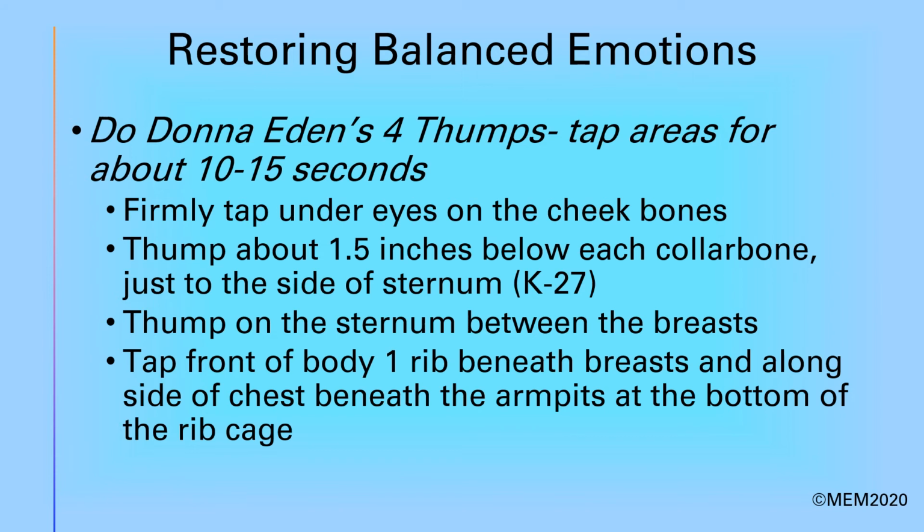And then you're going to go to the center of the chest, right on the sternum. Okay, and that's the thymus gland. It's right between, right where my breast used to lay. Not anymore. It's a little higher up than that now. But right there, a couple of thumps there, and breathe.